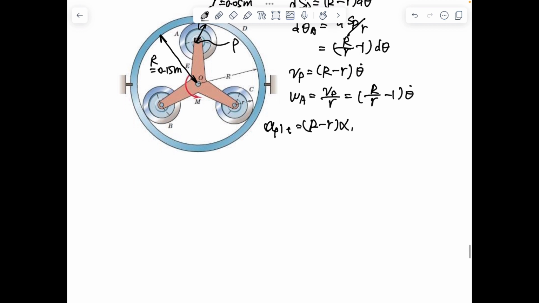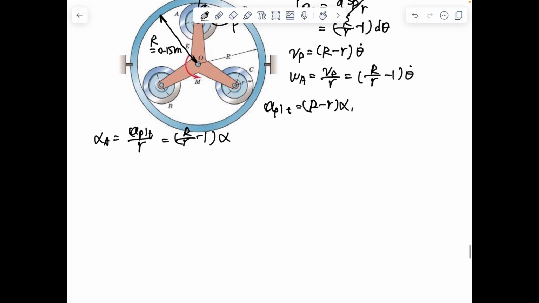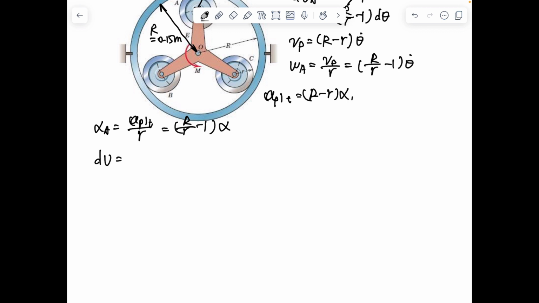The angular acceleration of gear A is equal to ap t over r. This is equal to (R over r minus 1) times alpha. Then dU is equal to dT spider plus dT gears.